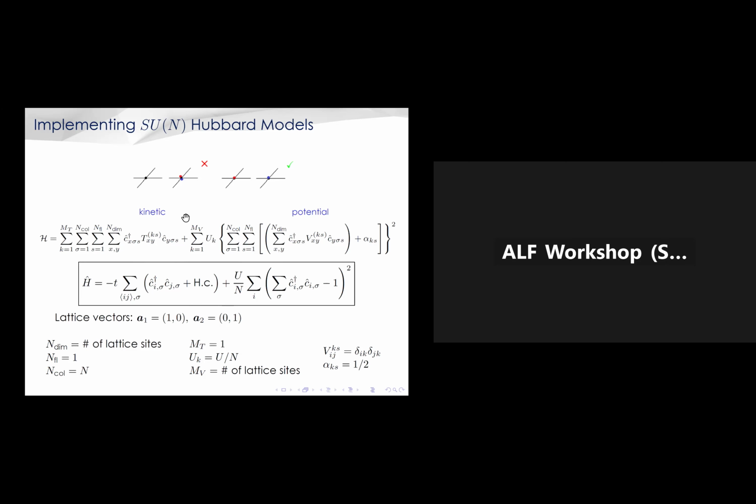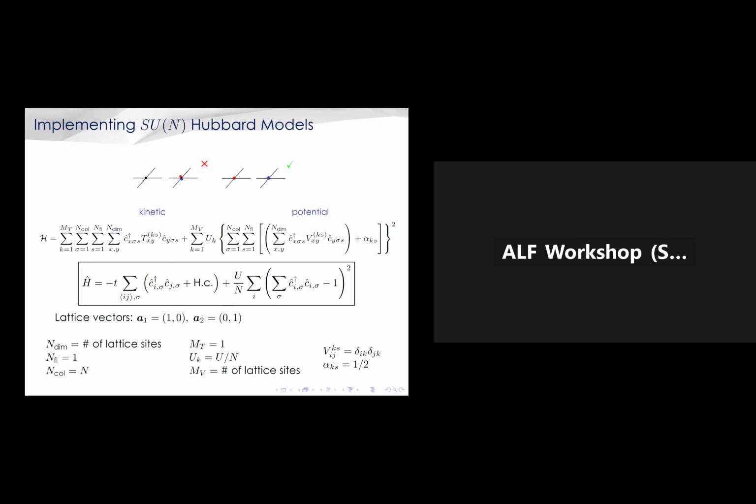MV is the number of interactions. This is an on-site interaction, so we're going to have as many interactions as there are lattice sites for the Hubbard model. And then this V potential term is an on-site interaction, so it's going to be set so that both i and j go to the same point, k.